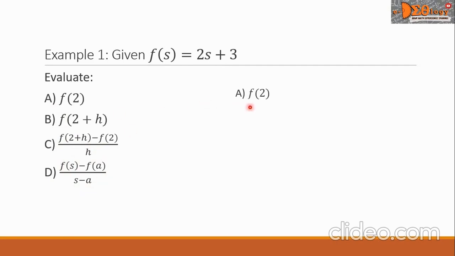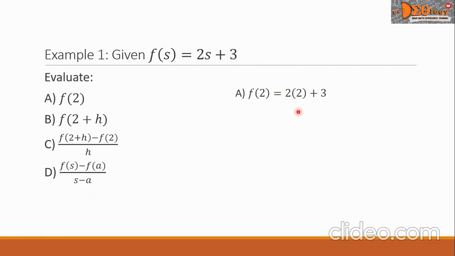Let us evaluate f of 2. To evaluate f of 2, we are going to copy again the given function. We will write it here, but instead of s, we will substitute the value written here, which is number 2. So 2s now becomes 2 times 2 plus 3.